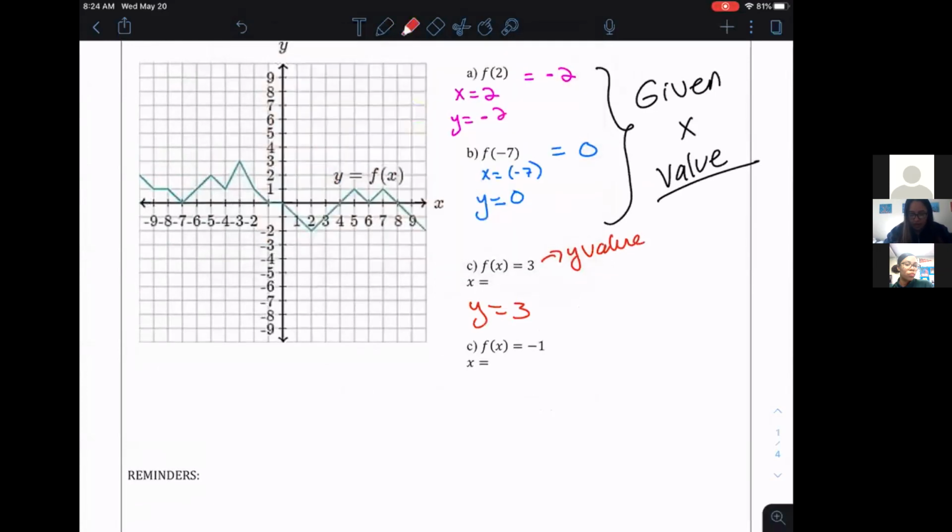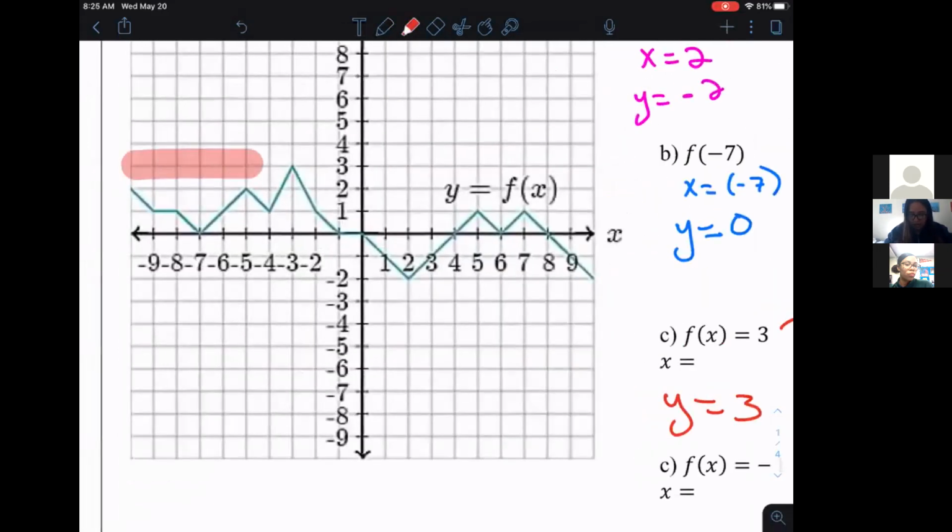So now I need to look here. This is when y is 3. Do I hit the graph at any of those points? And I see that that happens right here. So I can say, this is the only point when y is 3. So remember, this is my y value here, 3.